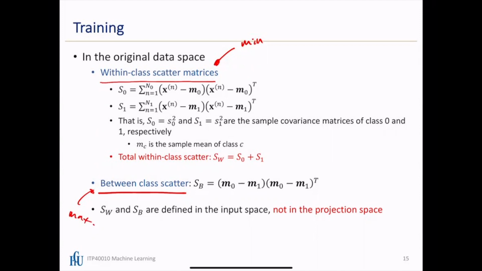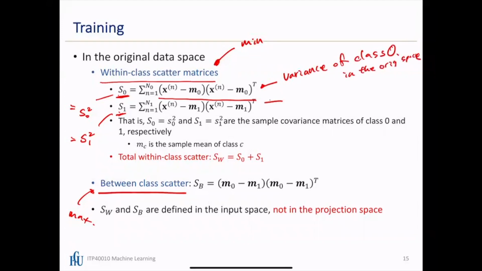To write things down again, large S0 is equivalent to small s0 square, and this is small s1 square, where large S0 is the variance of class 0 in the original space. The second one is the same, the variance of class 1 in the original space. We take the sum, and eventually we want to minimize this quantity SW.